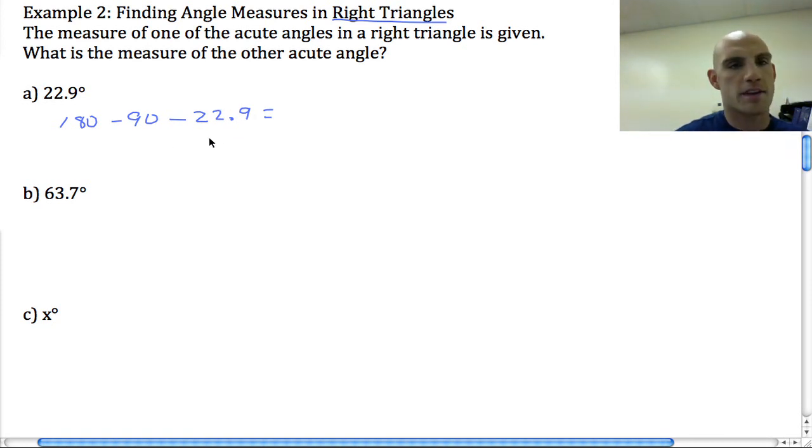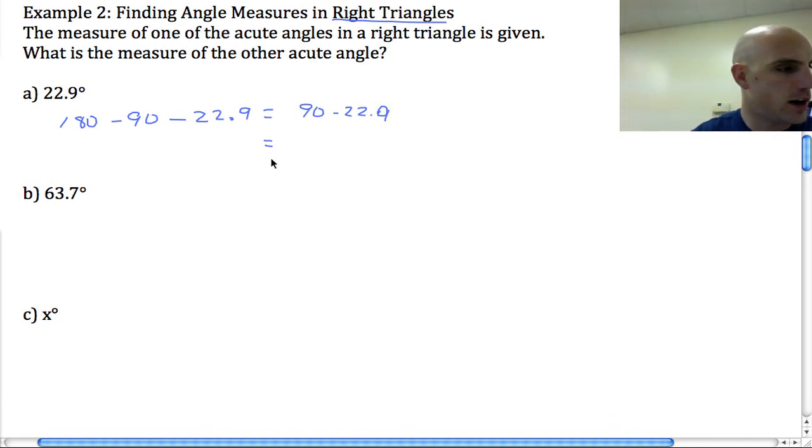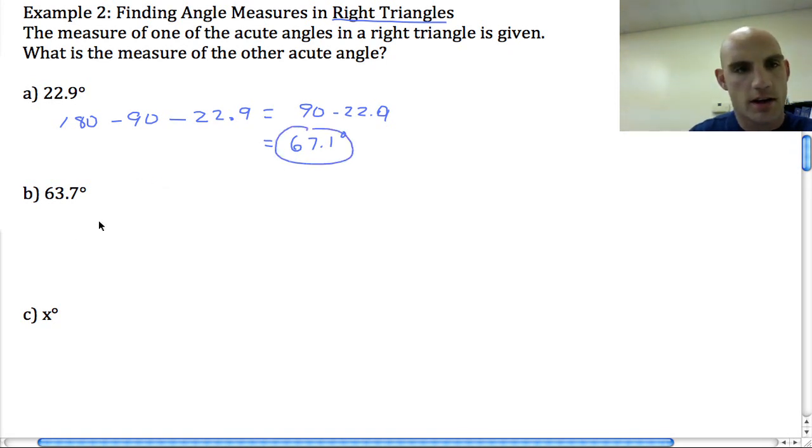So when we end up doing this subtraction, it's going to be 90 minus 22.9, which is going to leave us with a total of 67.1 degrees. Okay, that's the third angle. 63.7, same way, 180 minus our right angle minus our 63.7 is equal to our 26.3 left.